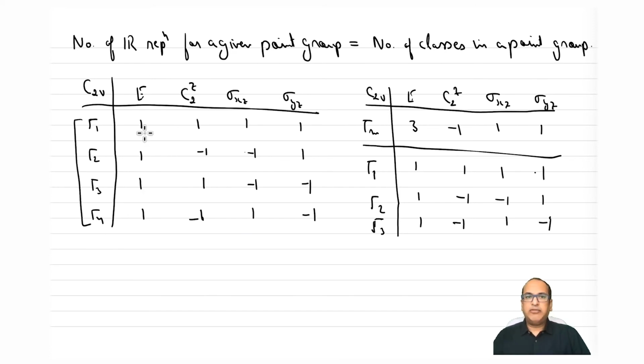So once you have the irreducible representation, you can do many more things, which we will see down the line. But the important part is how do we arrive at an irreducible representation? What is the best way to write an irreducible representation? So let us see different ways of finding an irreducible representation for a point group.